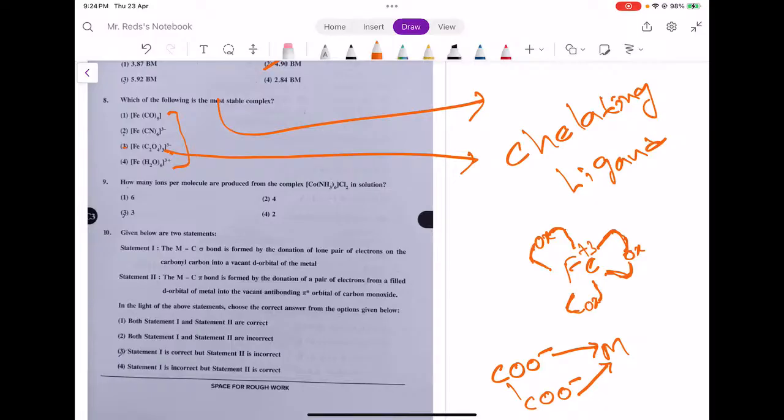So option 3. Remaining ligands are monodentate: carbon monoxide is monodentate, cyanide is monodentate, H2O is monodentate, but only C2O4 is a bidentate and chelating ligand. So option is 3.